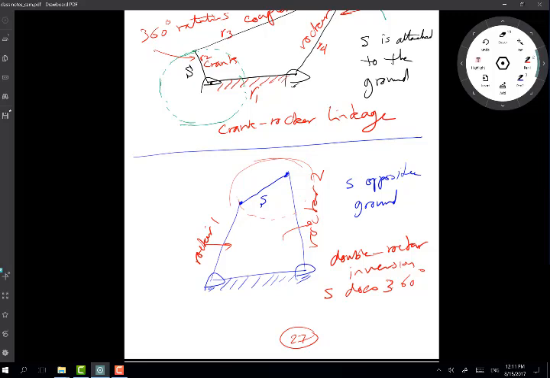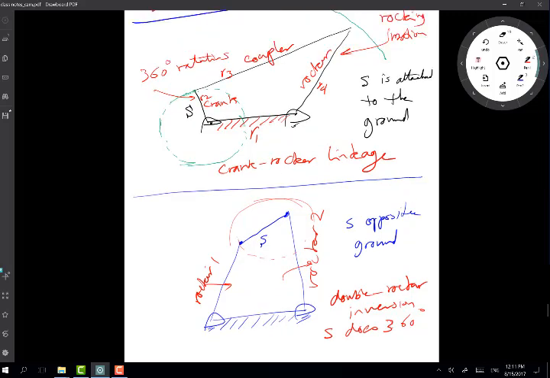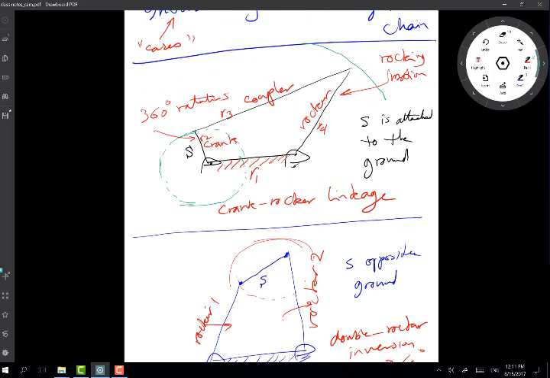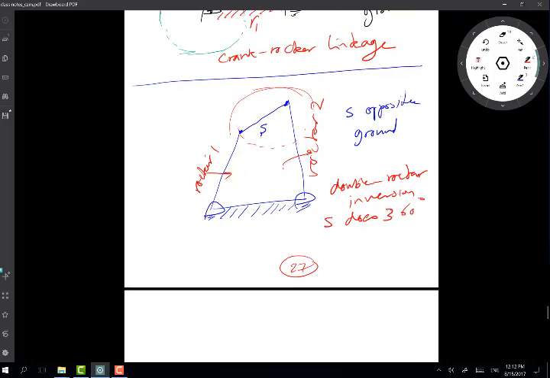Now, if S was free, was allowed to rotate, it will be the only link that's capable of doing 360 rotations. Whether it's next to the ground, which is the most common application, and you get the crank rocker arrangement, because in this case you attach S to like a continuously rotating motor or something. And then the other case, if S is opposite the ground, then it will still be the only link that will do 360.